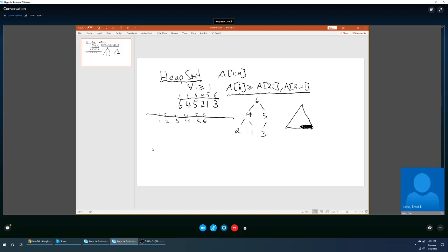In some sense, if you start with an already sorted array, this is almost the worst case that you can get in heap sort. So, what do we have? Well, we want to satisfy this heap condition. This is what we're aiming at, and we have to make sure that that is actually satisfied.